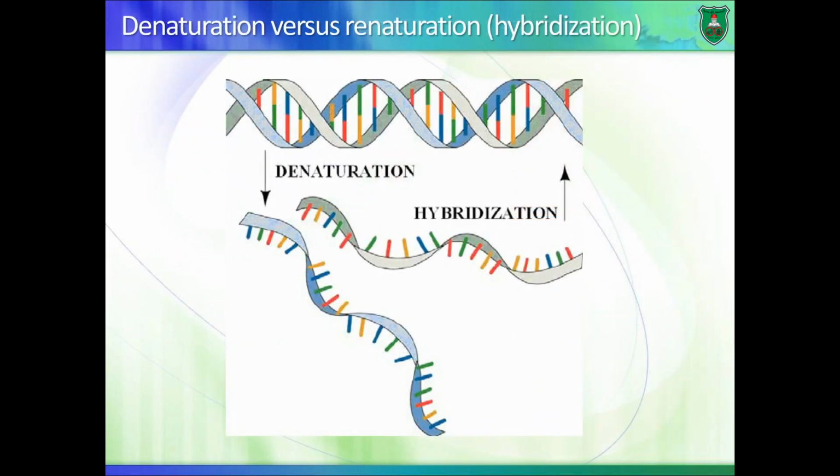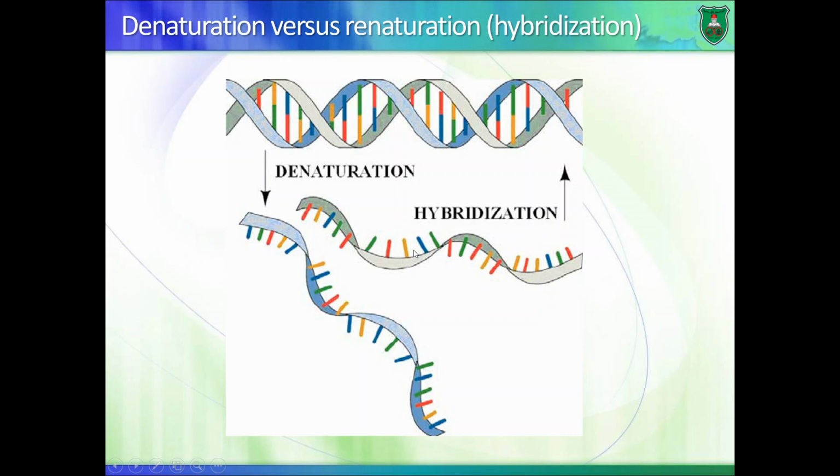Now, the opposite of denaturation is known as renaturation. In other words, denaturation is separation of the two strands by breaking the hydrogen bonds between them. And if we remove the factor that causes denaturation, that is, if we lower the temperature, or bring pH back to neutral, that causes renaturation.